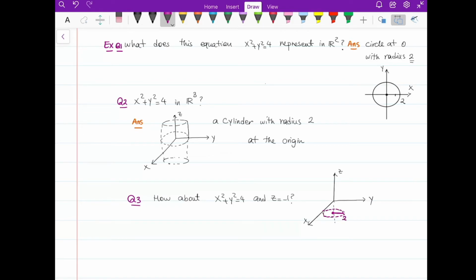With the radius 2, but at -1. So I'm gonna be down here at z equals -1, but I have a circle of radius 2.